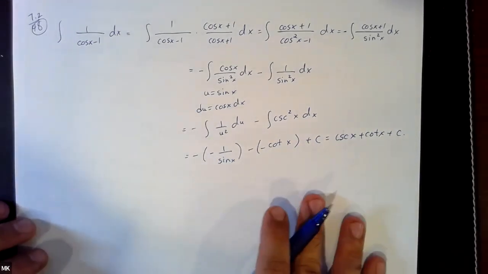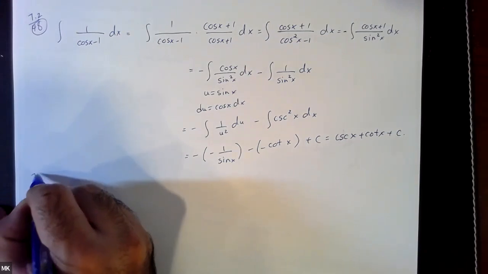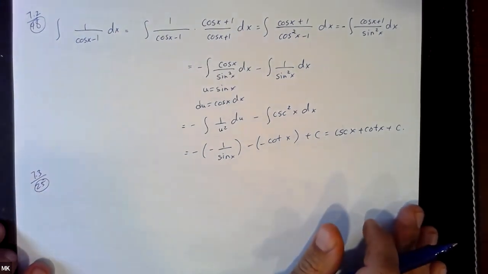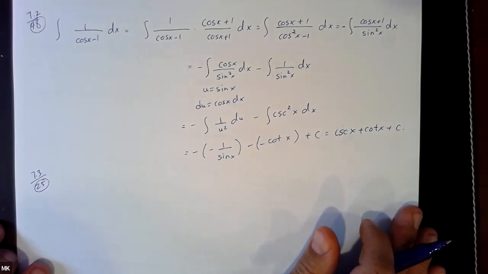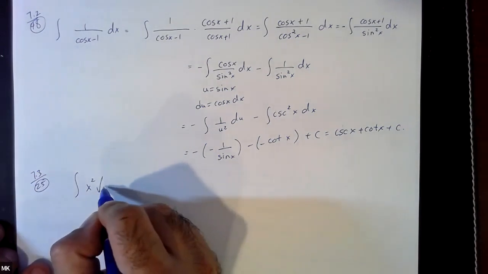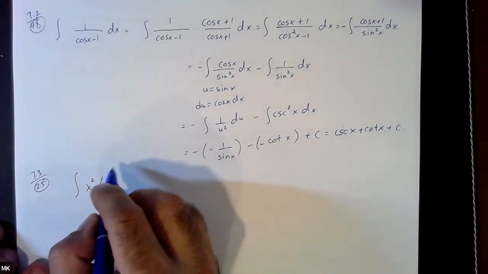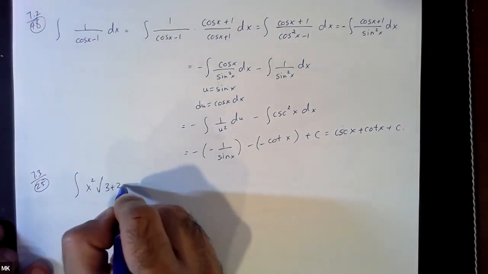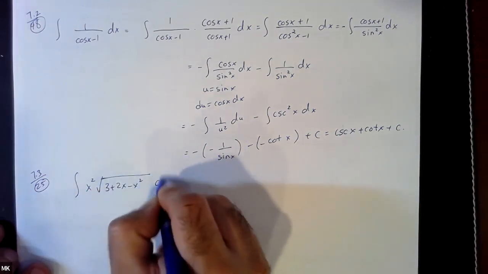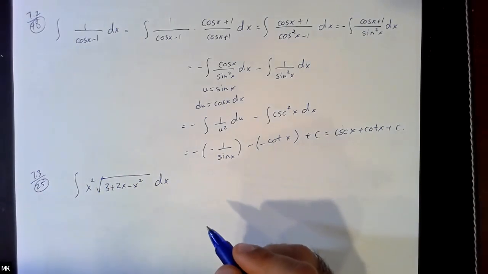Actually, we can try. Let's see if we can write it. So 7.3 number 25. It's the integral of x squared square root of 3 plus 2x minus x squared dx.